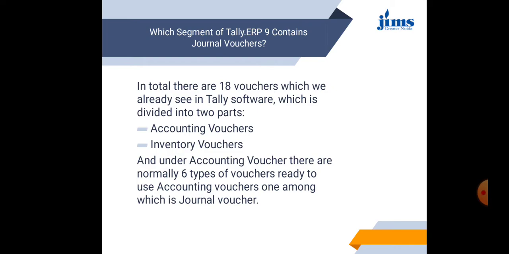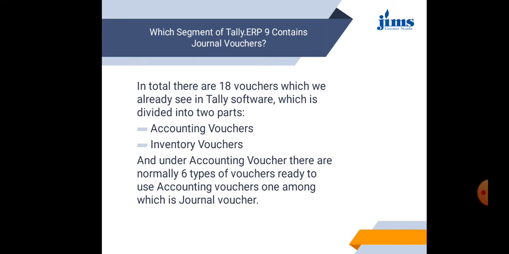Under accounting vouchers there are normally 6 types of vouchers. Basically there are some more, but these 6 are the basic vouchers on which we perform or record our entries.